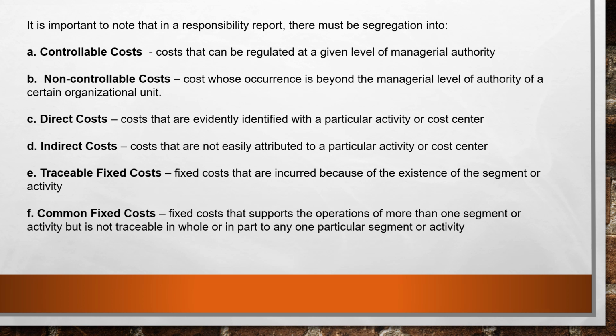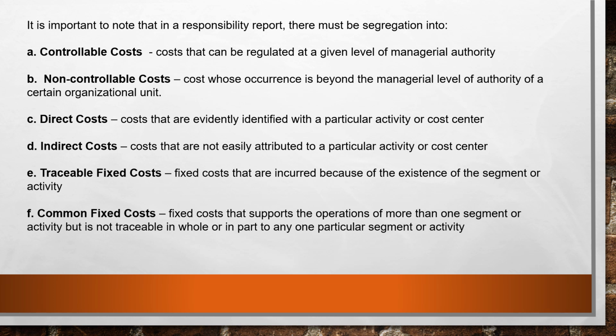For the indirect costs, these are the costs that are not easily attributed to a particular activity or cost center. They are incurring this, but not necessarily directly attributed to the activity.